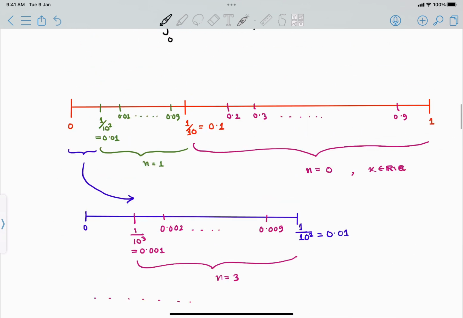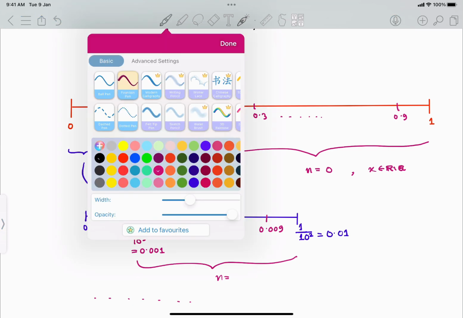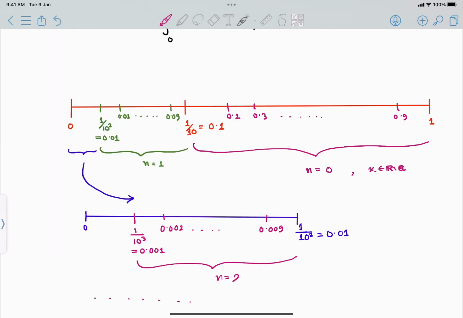What happened in the next part? From 1 by 10 cube to 10 by 10 cube, n is 2, because 2 digits are 0.